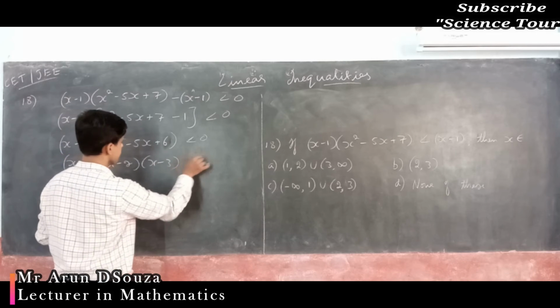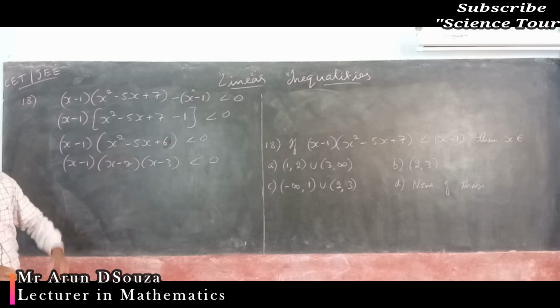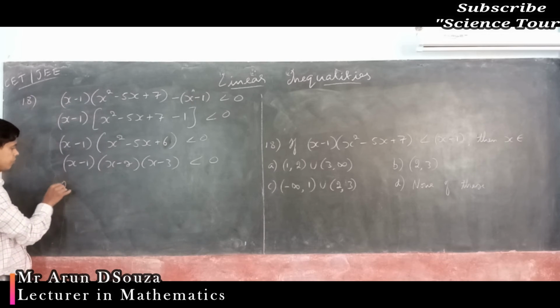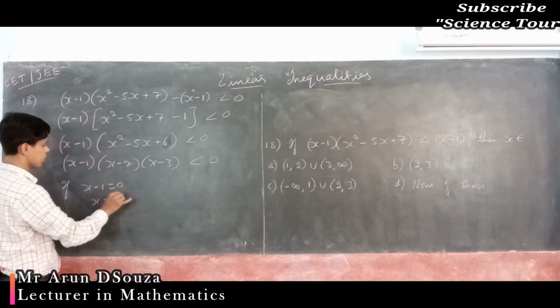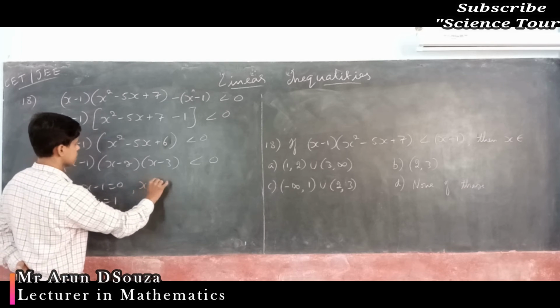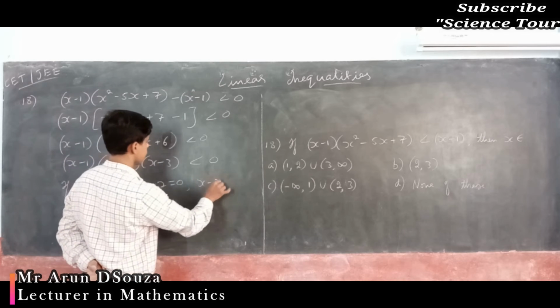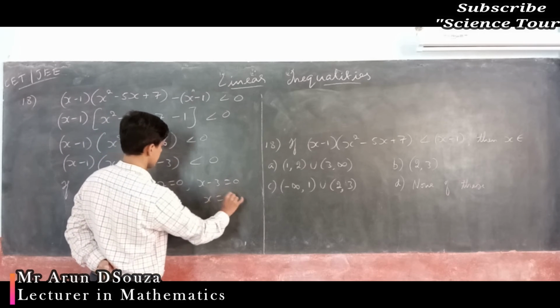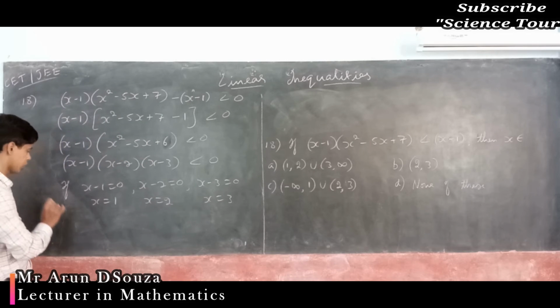Okay, you can check it. That should be less than 0. Alright. Now take these three things individually. If x minus 1 is 0, x is equal to 1, and if x minus 2 is equal to 0, x is equal to 2, and if x minus 3 is equal to 0, x is equal to 3. What did we get? Critical points.